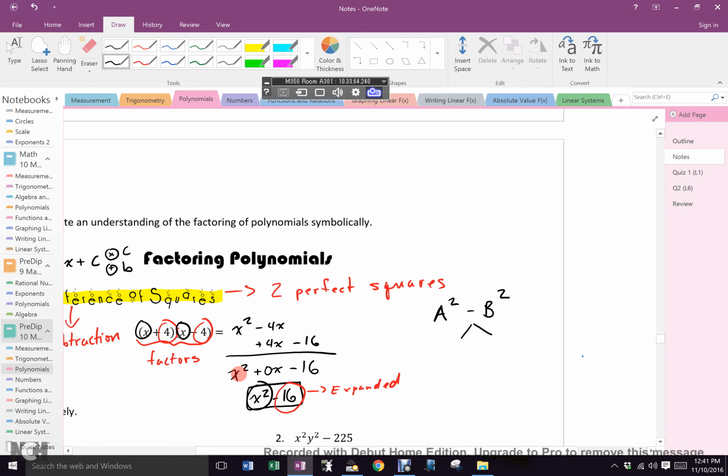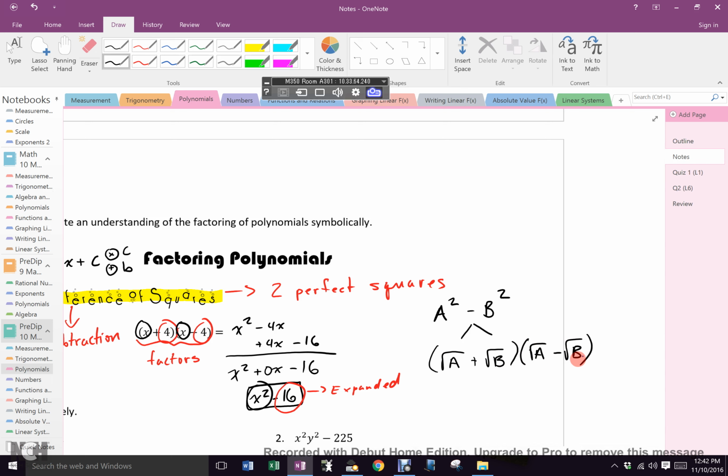Well, I started with x squared. When I factor it, I got x and x, which is the square root, isn't it? So it factors out to the square root of a plus the square root of b, whatever it is, and then the square root of a minus the square root of b. Does everyone see that?